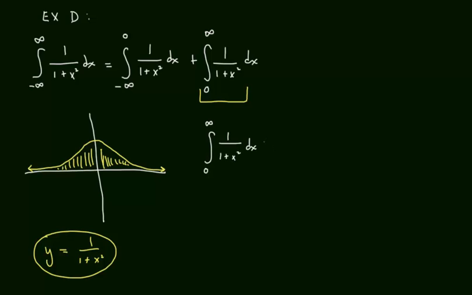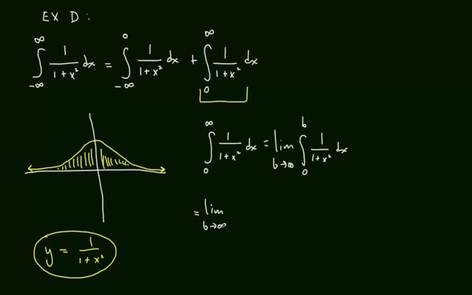Alright, we're going to use the definition. Limit as b goes to infinity, integral from 0 to b, 1 over 1 plus x squared dx. Next, limit as b goes to infinity. We need the antiderivative of 1 over 1 plus x squared. Oh boy, I hope you memorized this.